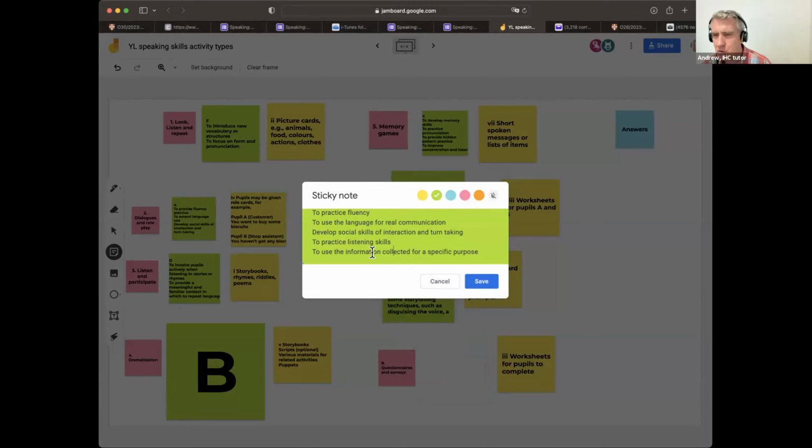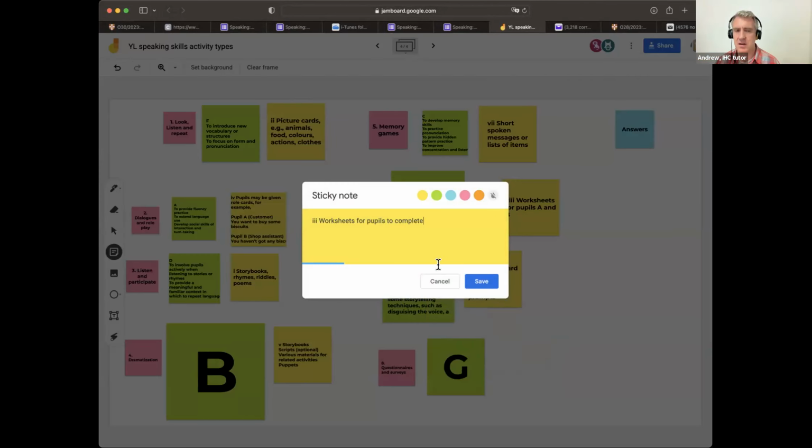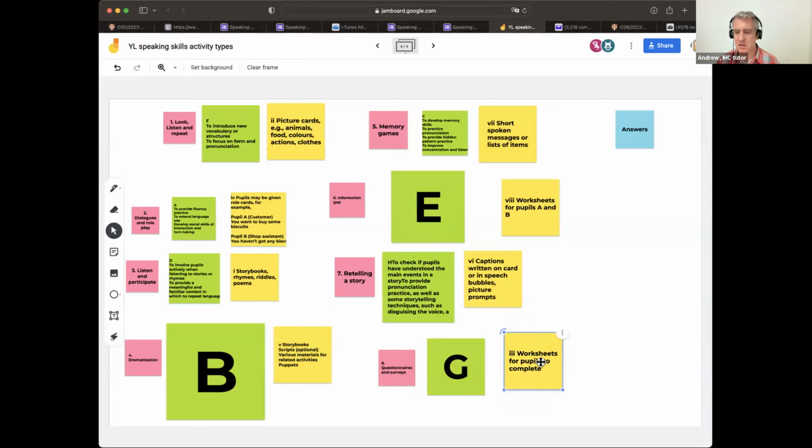So it involves active listening. And then we can use this information for a specific purpose. And typically worksheets to complete for questionnaires, yeah?